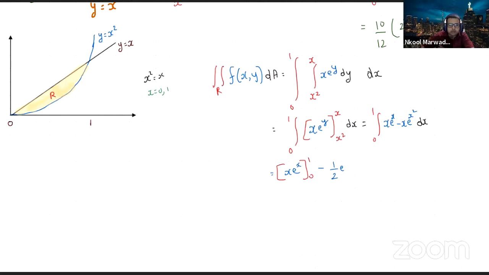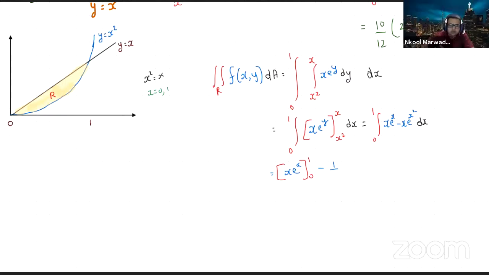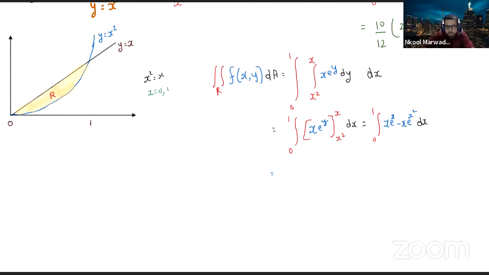So let me write it properly. After integration, when we integrate x e to the power of x and x e to the power of x square dx, we will finally get x minus e to the power of x minus half e to the power of x square.